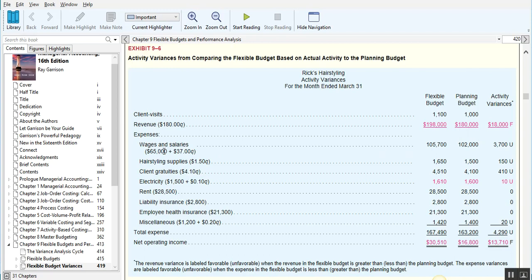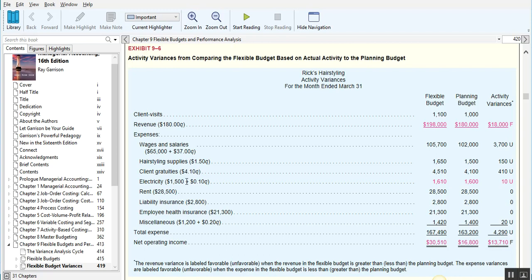So you'll have the $65,000 plus $37 times 1,100 units. Hairstyling supplies, client gratuities, those are going to be based on the total quantity that we have. And when we say we have 1,100 visits, we're going to take that times whatever the amount was that we determined we could budget for it.